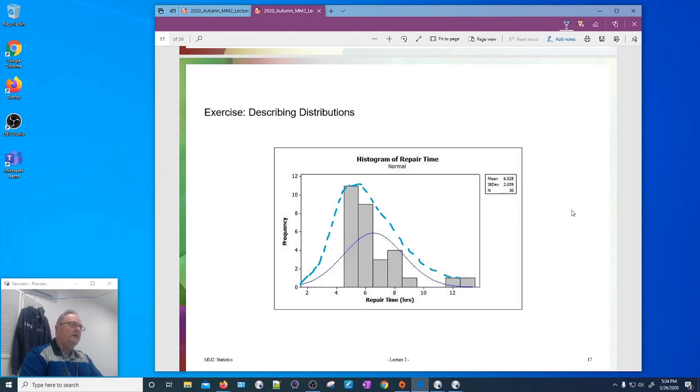We can see that there's a different curve there. The tail's to the right, there it is. So we call this a right skew. We do a right skew for that particular one.